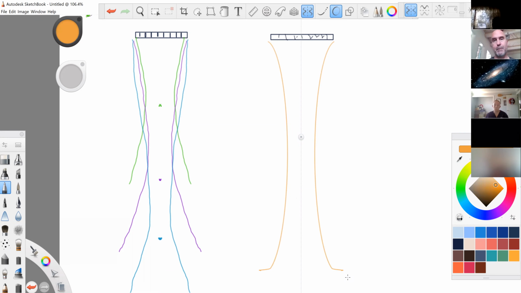This isn't one beam. It acts like one beam, but it's not.